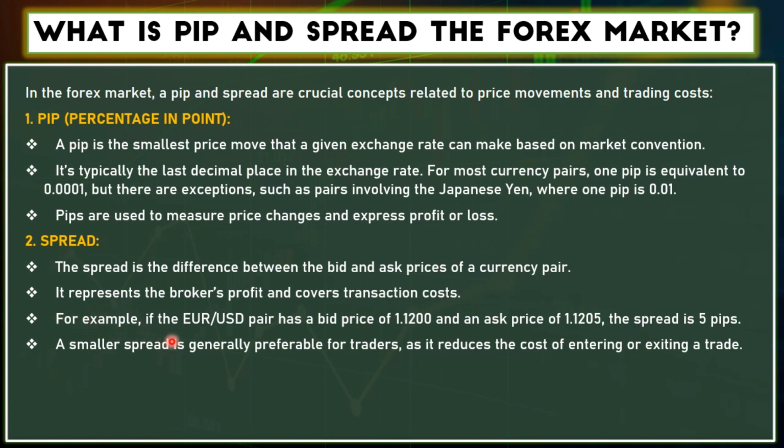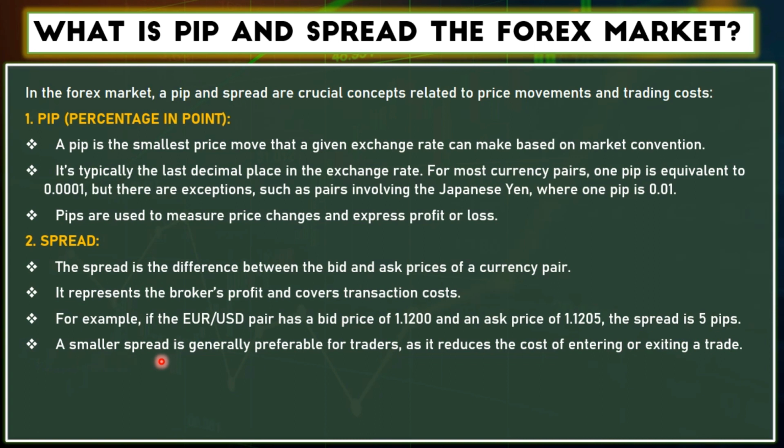If the euro to USD pair has a bid price of 1.1200 and an ask price of 1.1205, then when you subtract, the spread is 5 pips.